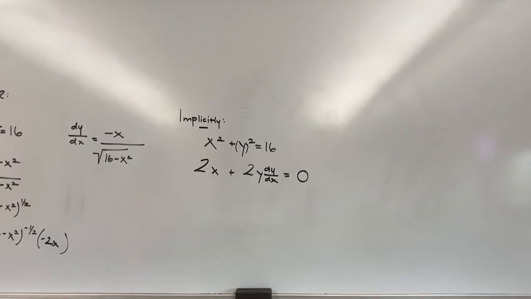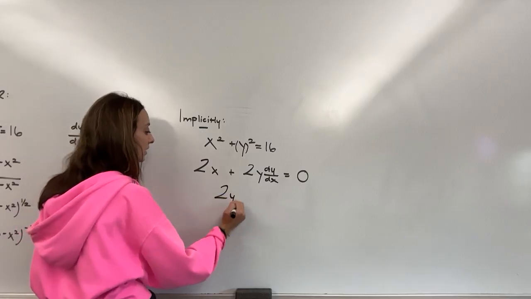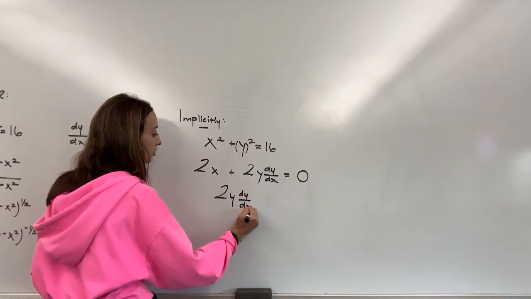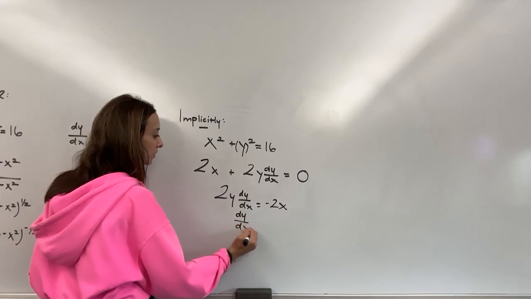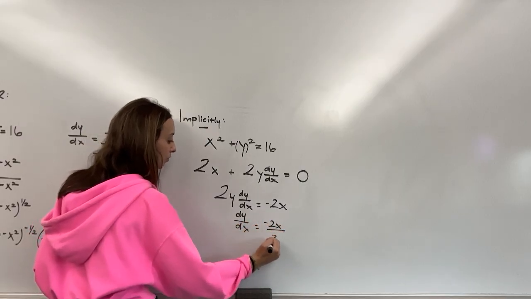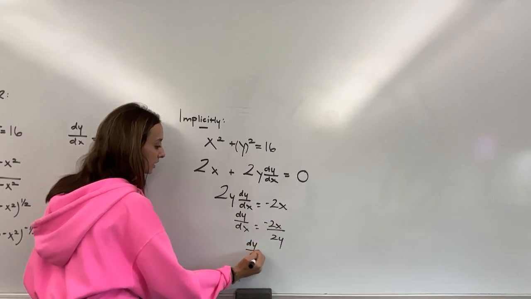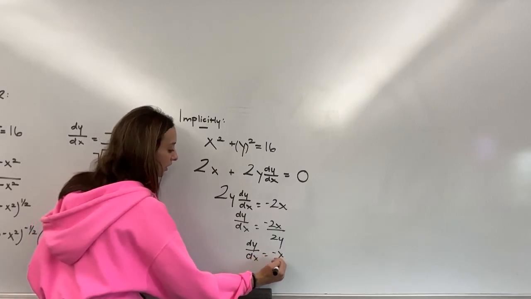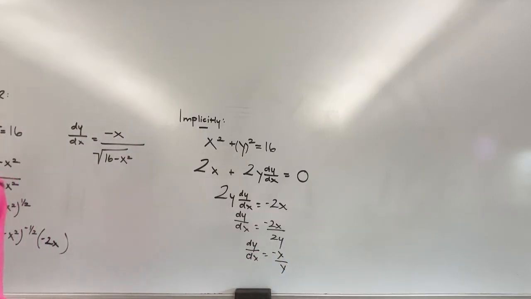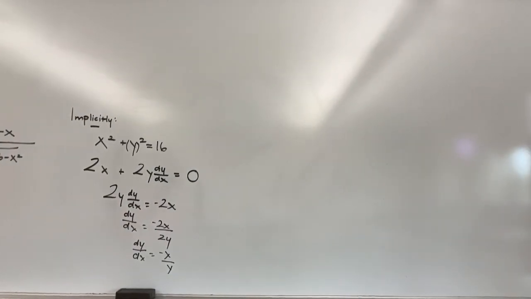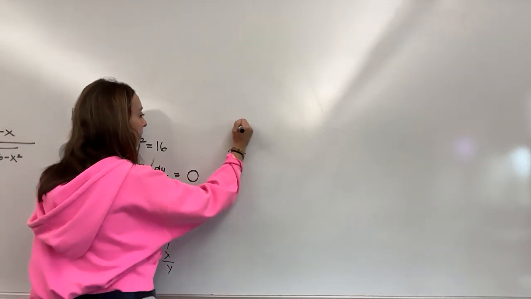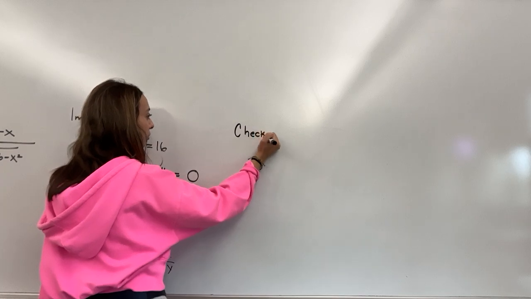It'd be like looking for x and never having x on your paper. So now I'm going to solve for dy dx. Subtracting over our 2x, dividing by 2y, I get dy dx is equal to negative 2x divided by 2y, or simply dy dx is equal to negative x over y. All right, and again, we can check that this works because we've already solved for y, so I can check that both my implicit and explicit are equivalent statements.